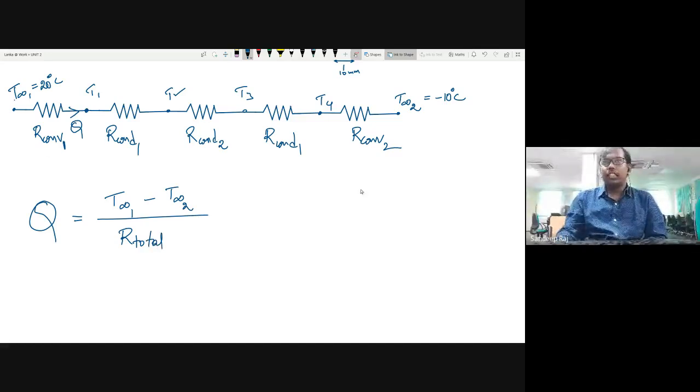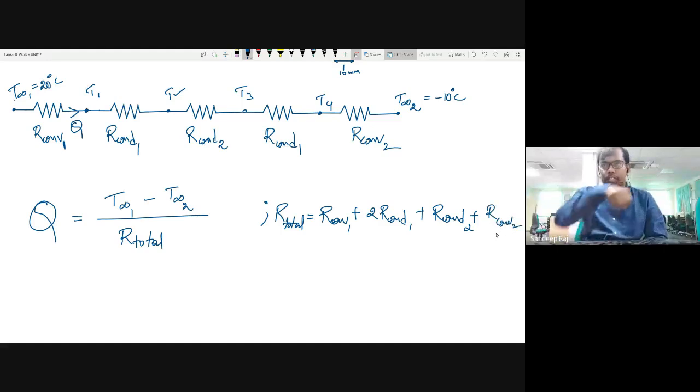The sum of all these resistances, where R total is equal to R convection 1 plus R conduction 1 plus R conduction 2 plus R convection 2. So you have to find all these values here.